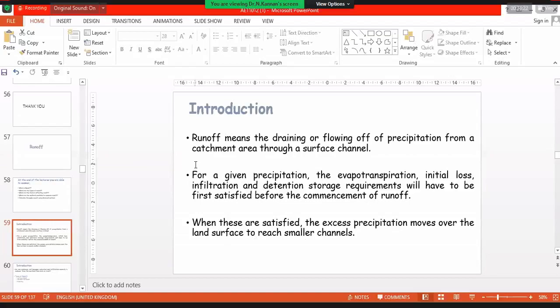Runoff means the draining or flowing of precipitation from a catchment area through a surface channel. It is very common and happens over the soil surface. For a given precipitation, the evapotranspiration, initial loss, infiltration, and detention storage requirements will have to be first satisfied before the commencement of runoff. I have already explained.